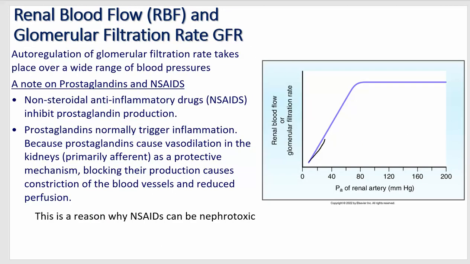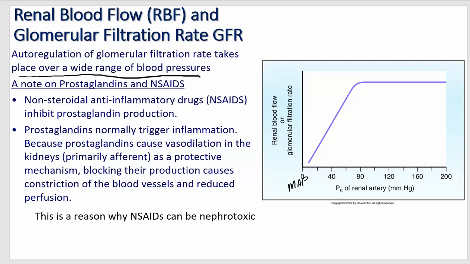If blood pressure gets up to about 80, and that should be your MAP, then as the blood pressure gets higher and higher, our glomerular filtration rate doesn't change. That's because as the blood pressure gets higher, we're squeezing more and more and saying nope, don't come through. And again, here's that note on prostaglandins and NSAIDs.